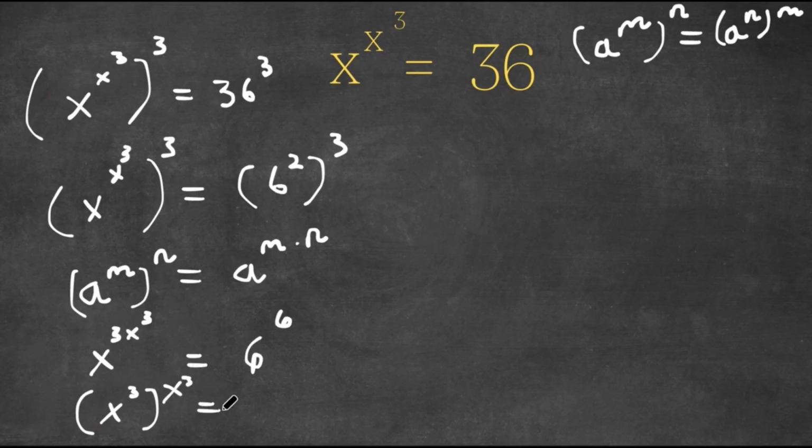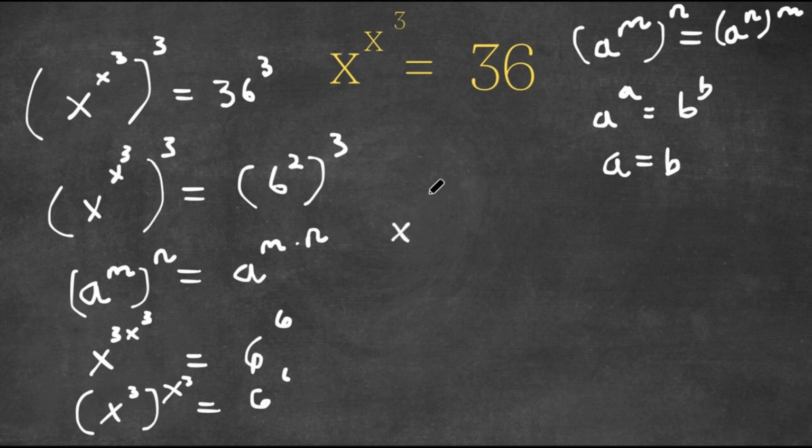This is equal to 6 to the power of 6. Now, if we have something in the form a to the power of a is equal to b to the power of b, this means that a is equal to b. So in this case, this means that x to the power of 3 is equal to 6.